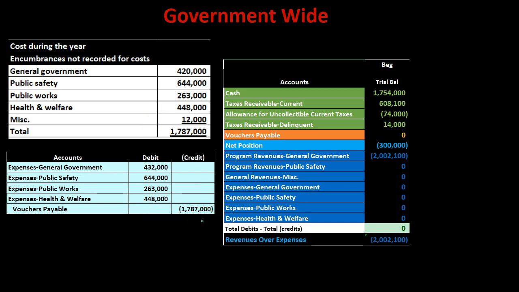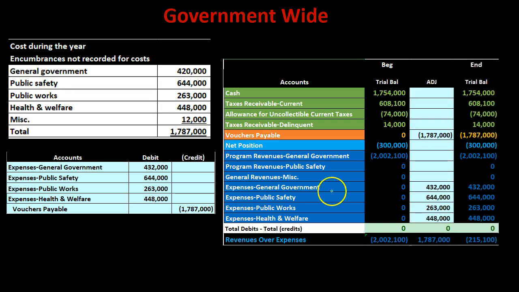So we just have basically more detail, same type of activity in that we're in essence debiting the expenses and crediting a liability account. If we were to post them out, then we're breaking out between expenses rather than expenditures because we're on an accrual basis rather than modified accrual, increasing in the debit direction for expense accounts from 0 going up. And then on the other side, we have the vouchers payable.